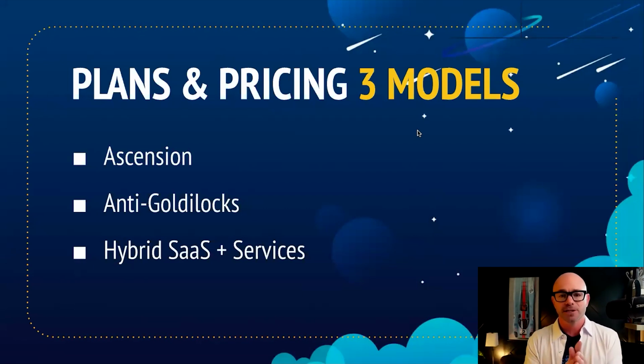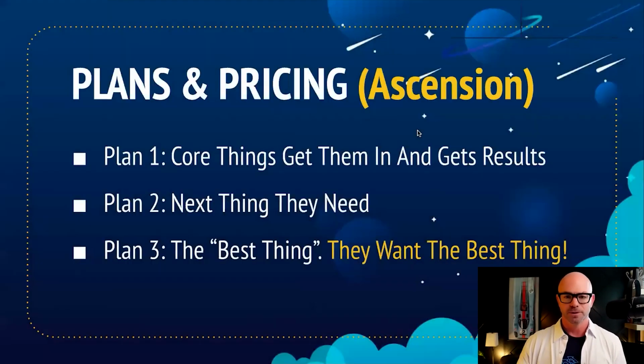So I'm going to discuss 3 different pricing models that you can use as frameworks to give you ideas about how you want to price your SaaS. Those models are the Ascension model, the anti-Goldilocks model, which we used for a while, and then the hybrid SaaS plus services model. All right, so here we go with that.